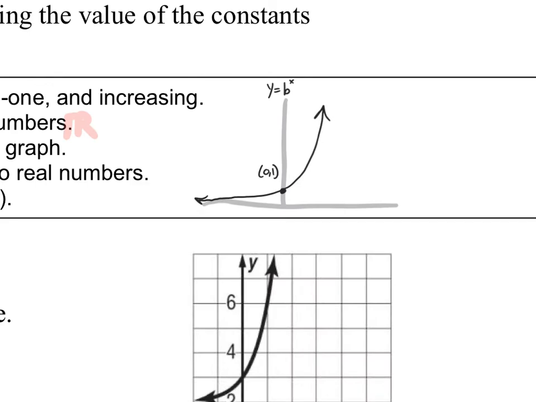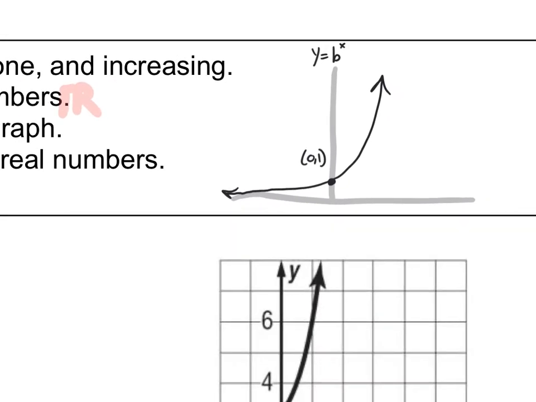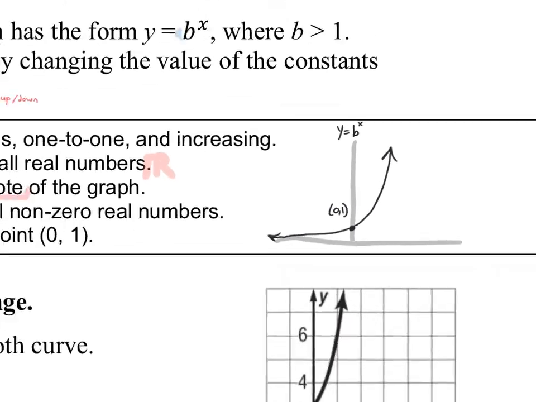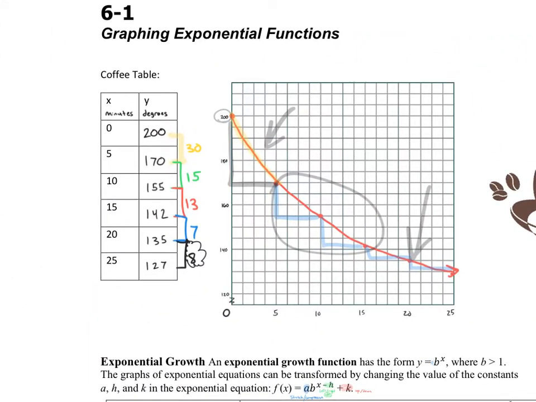Now, I'm not able to get straight edge tools on here, but this curve will never actually touch the x-axis, nor will it ever cross the x-axis. And we'll see how that's going to happen mathematically, but that's called an asymptote.